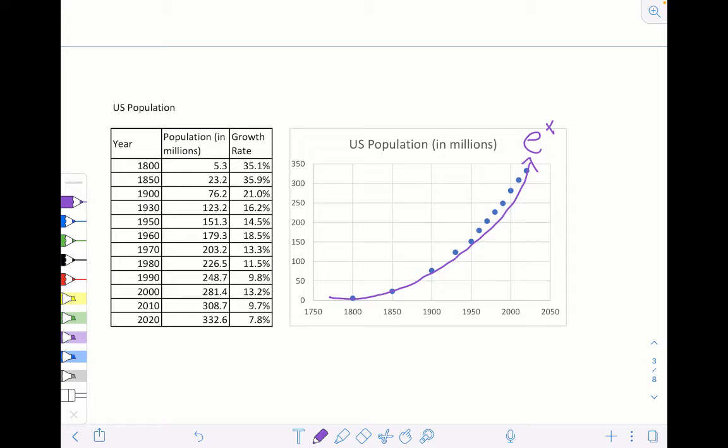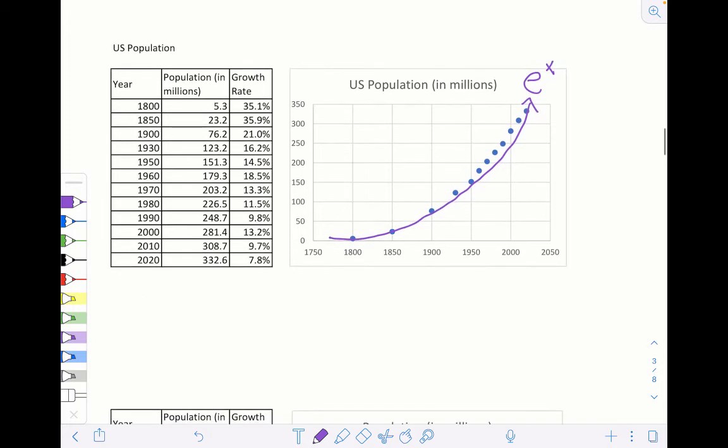Here, we're going to keep it a little bit more simplified. If we're going to come up with our mathematical model, I'm going to write the equation again. We need to figure out this initial amount and the growth rate. Once we find those values, then we have our model.